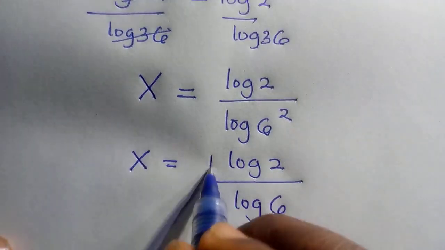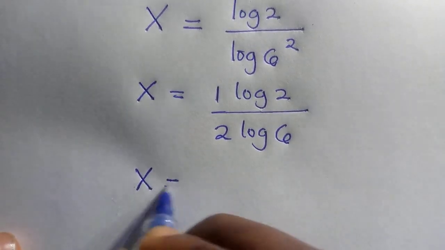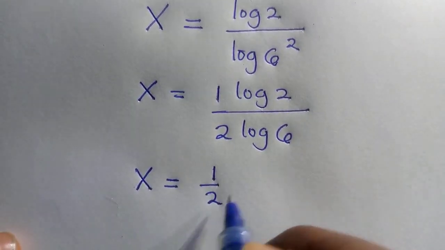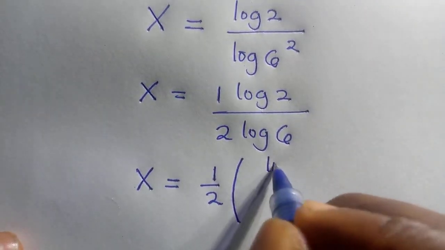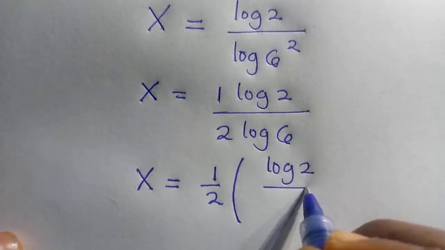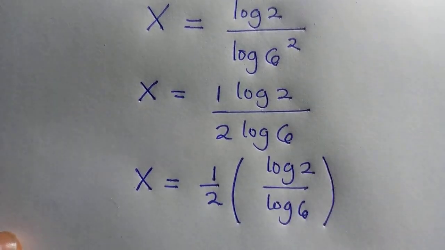So here we have 1 up. By rewriting this as x equals 1 divided by 2, then we create a bracket for this, then we put log 2 divided by log 6 in it.